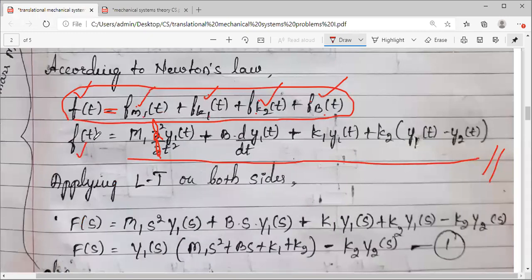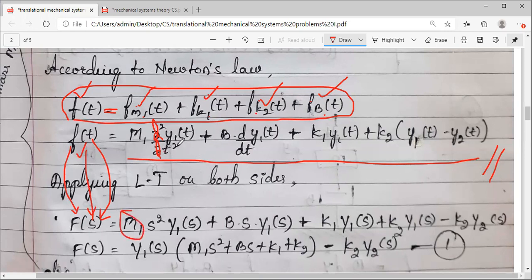Whenever the signal is in the t domain, in the frequency domain we have to use the Laplace variable s, and the small letter will be changed to a capital letter. So F(s) will be the Laplace transform of the force, and m1 is a constant, write it as it is.